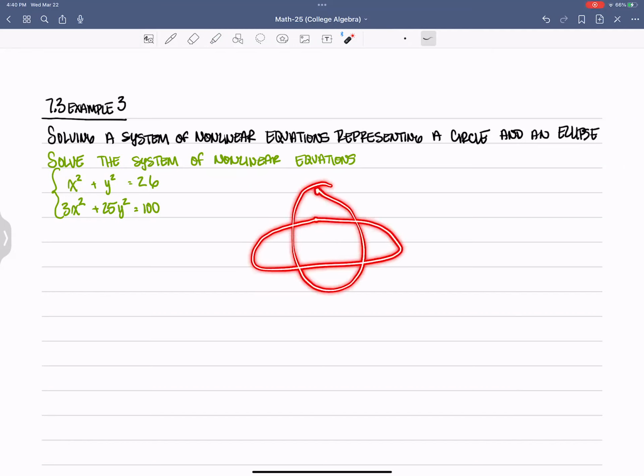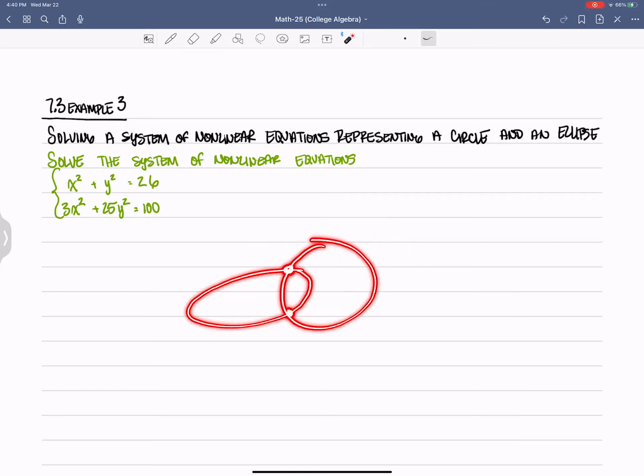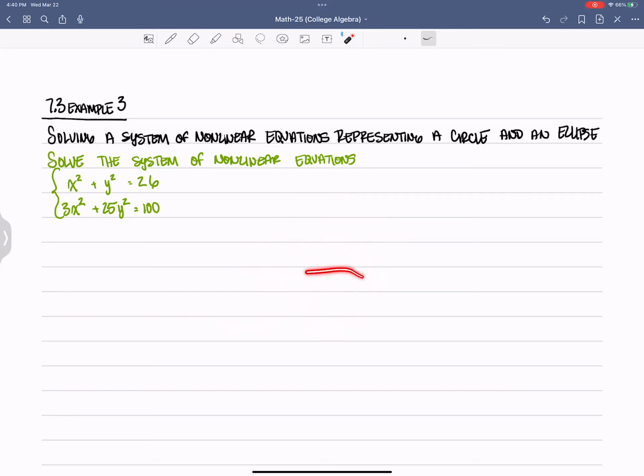Different possibilities is we could have 1, 2, 3, 4 solutions here. We could have one solution. Let's see, could we have 3? Technically we could have 2 solutions. 3 would look like this, so 1, 2, 3.